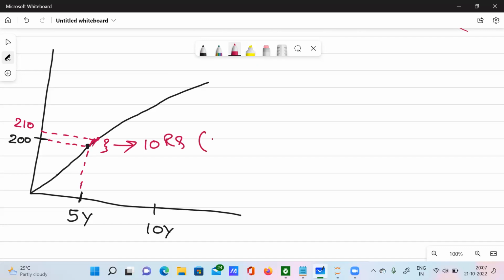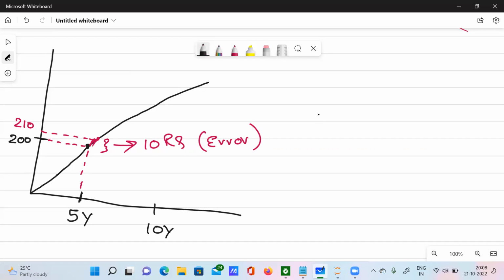This difference is nothing but the error here. You should not say that error is something very bad. No, that's not the case. Why? Because error is not a bad thing. It's actually explaining the difference between your predicted model's value and the actual value.